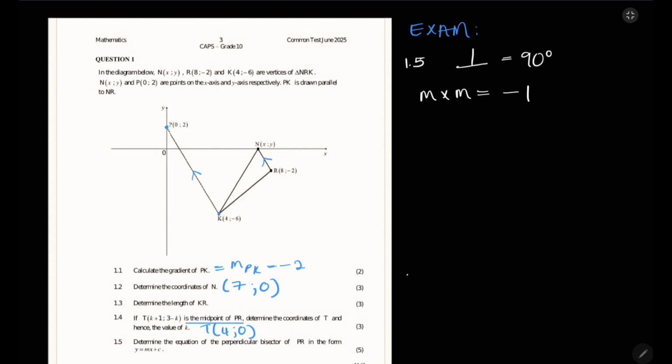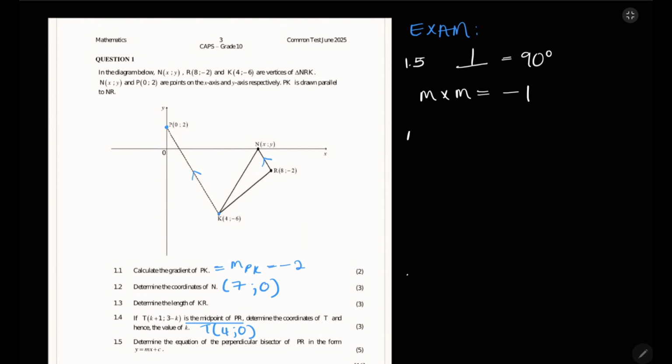So how do we answer this question? Determine the equation of the perpendicular bisector of PR. We have to find the gradient first. Remember, y = mx + c. The m is your gradient, and you have PR, so let's find the gradient.